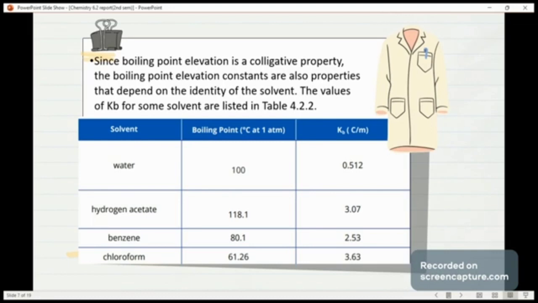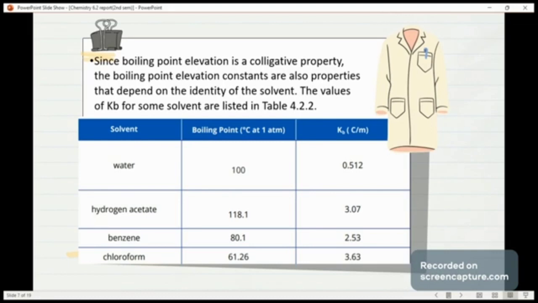We have acetic acid at 118.1 and 3.07. Benzene has a boiling point of 80.1 and a Kb of 2.53. The last one is chloroform, which is 61.26 and 3.63.